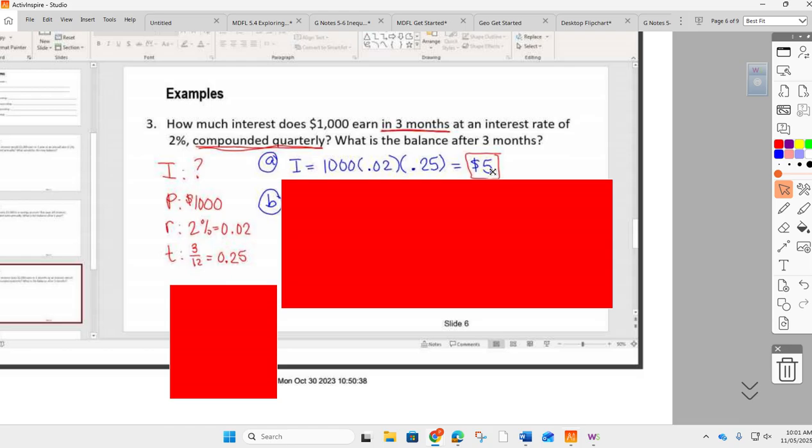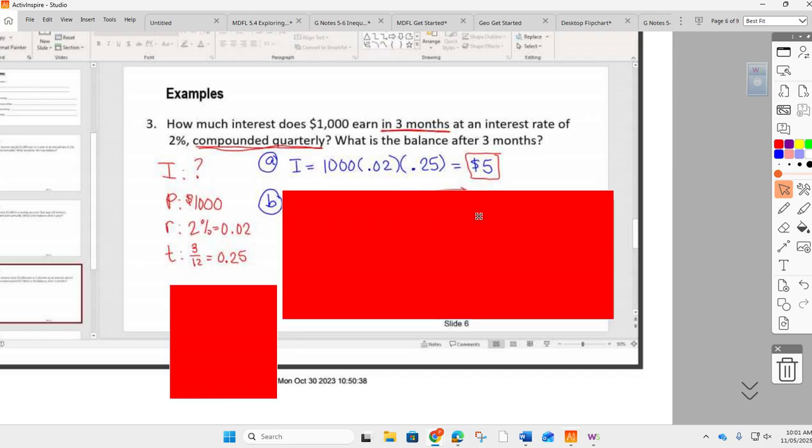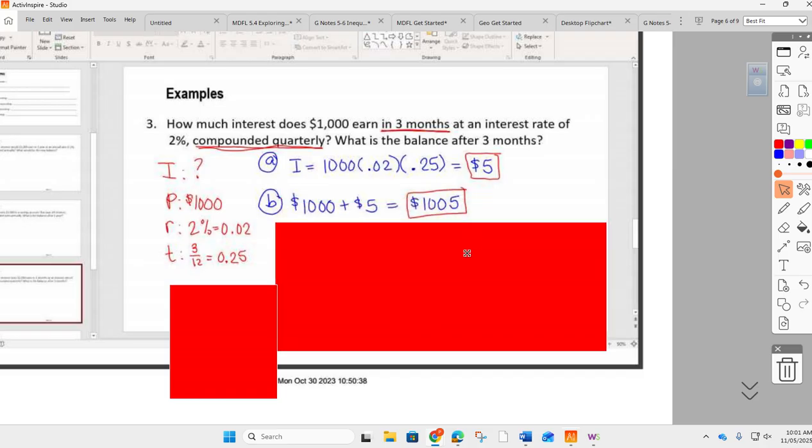You find that after 3 months is up, she actually earns $5 in interest, and so her new balance after 3 months is $1,005. That does not mean she would earn $5 in interest for the next quarter, right? She's going to earn a little bit more than that because she would be earning interest now on this new, bigger principal.